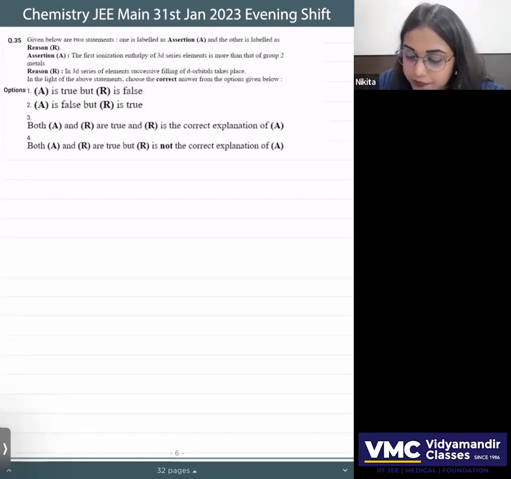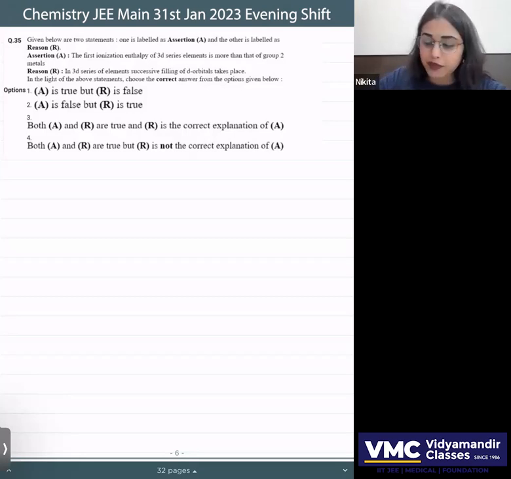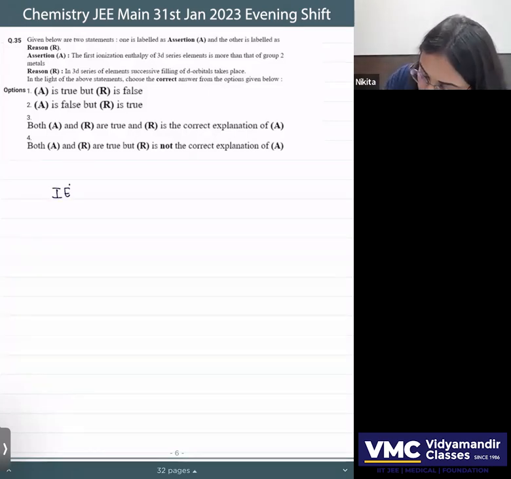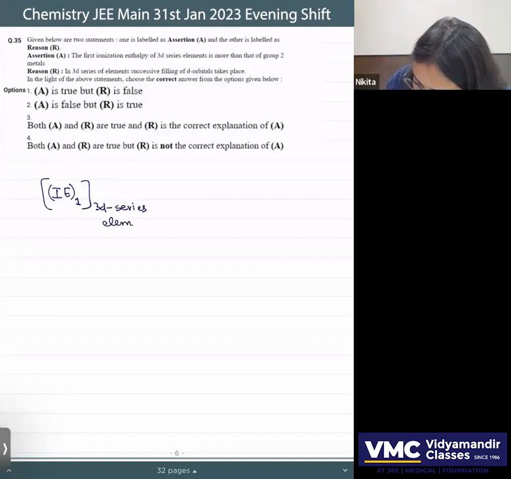Next question. Given below are two statements. One is labeled as assertion and other is labeled as reason. Assertion statement says the first ionization enthalpy of 3d series elements is more than that of group 2 metals.